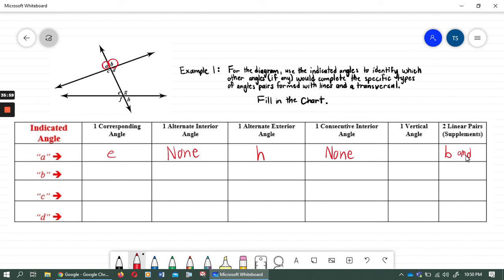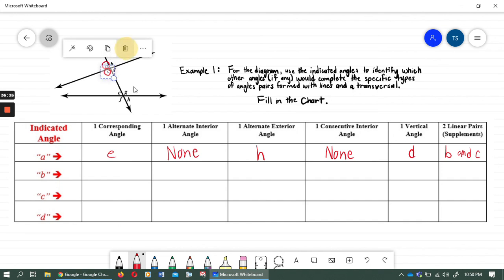And not only could it be angle B, but it could also be angle C. We have to hurry up, so I'm just going to fill in the rest of this chart. Angle C, oops, I wrote the wrong thing there. I said the right thing but wrote the wrong thing. Angle C would be the other angle coming together to form a linear pair with angle A.